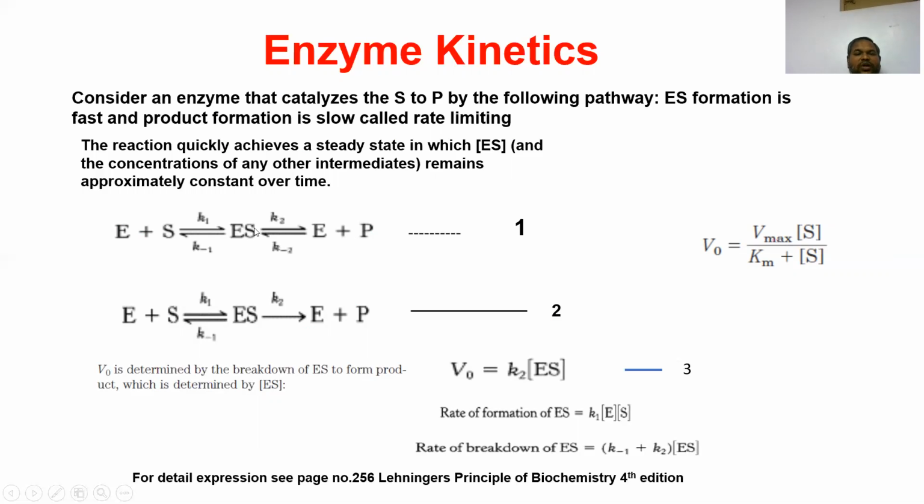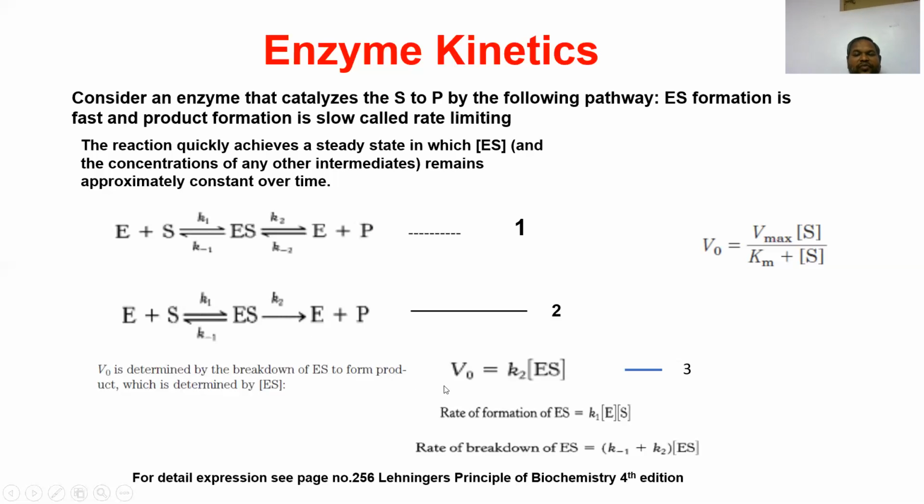Both of these steps are fast, but actually the formation of product from the enzyme-substrate complex is a slow process, so it goes only in the forward direction. Here the rate constant is k2, and it forms the product. This slow process is also called the rate-limiting step.